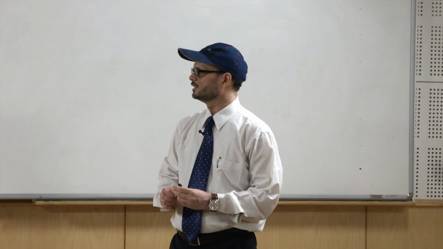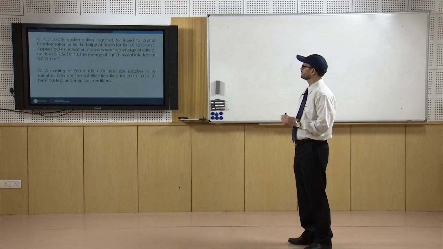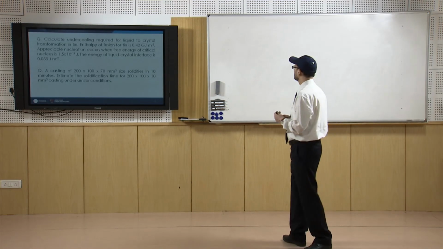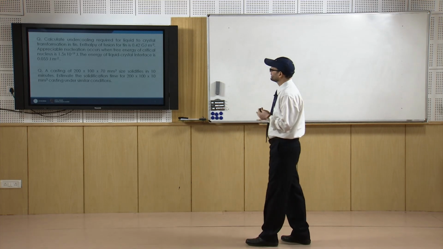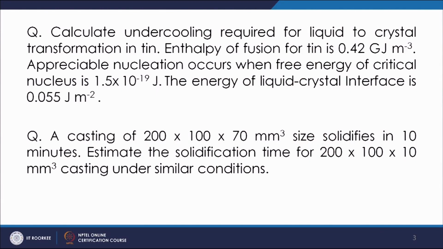The next question is related to finding the solidification time. This question tells that there is a casting of size 200 mm length, 100 mm width and 70 mm thickness. This solidifies in 10 minutes.